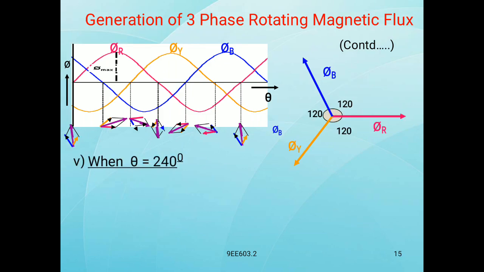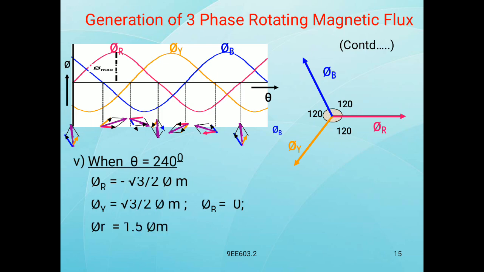And θ is equal to 240 degrees. φr is equal to minus √3/2 φm, φy is equal to √3/2 φm, so φb is equal to 0. The resultant is φr, 1.5 φm.